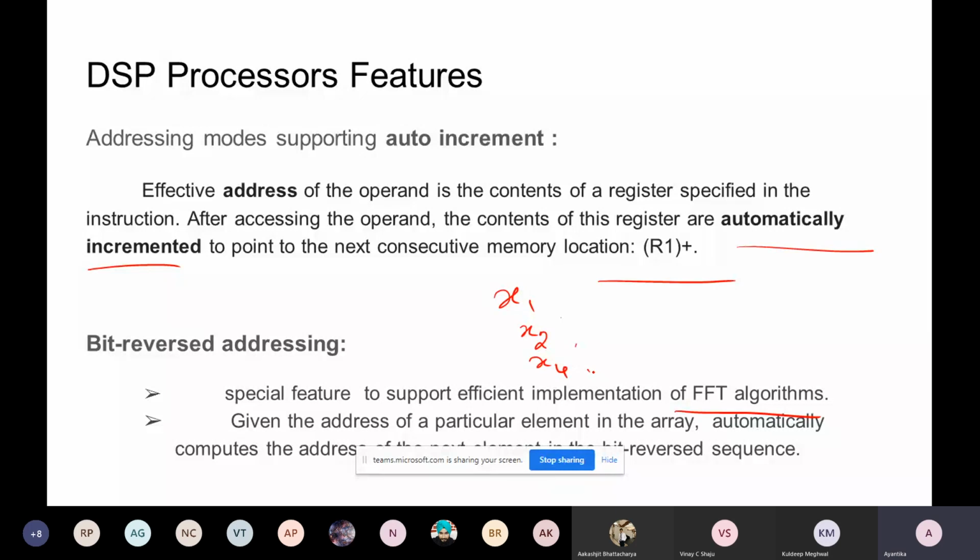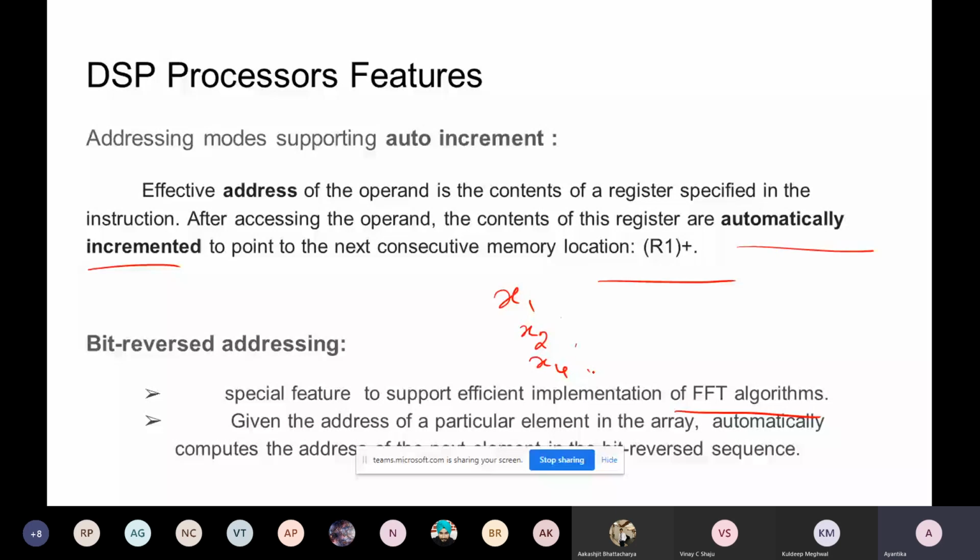I'm not going into that algorithm, but the main idea is, if you just follow the typical addressing like x1, x2, x3, x4, and auto increment your addressing field, that will give just your next sequence of addresses, that will not suffice.